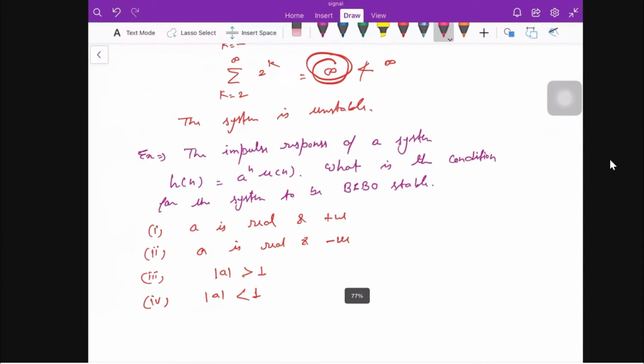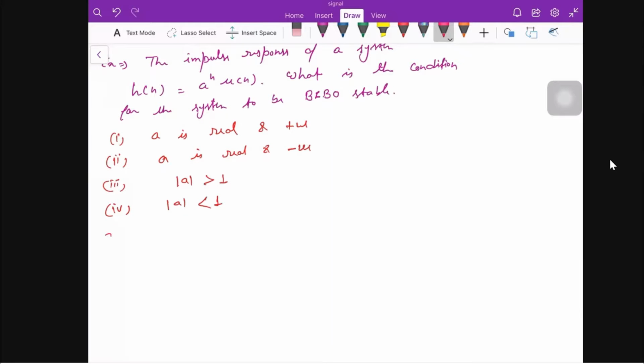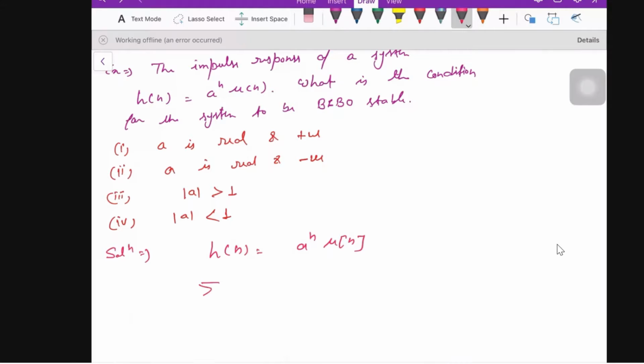Okay, so if I talk about the solution of this part, you all know given is h[n] = a^n u[n]. For stability you know that the sum from k equal to minus infinity to infinity of |h[k]| should be less than infinity.